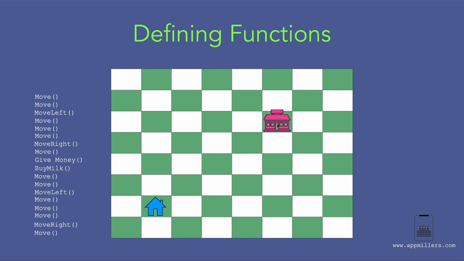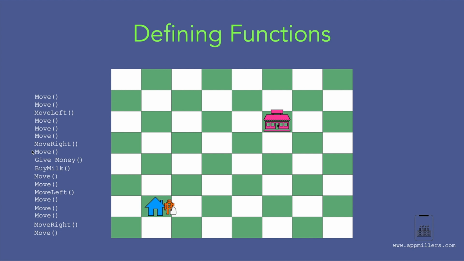We need to say move out from the house, then turn left, then move some blocks forward, then turn right, go inside the store, buy some milk, and come back the same way that you went, by giving specific instructions over here.